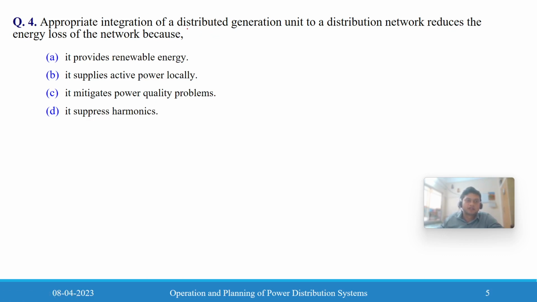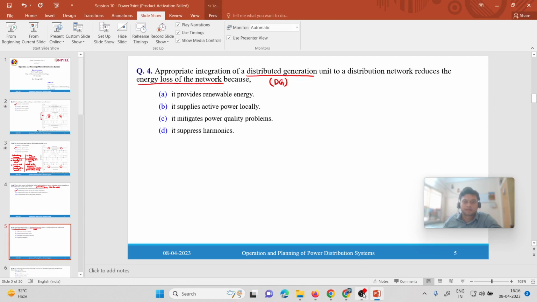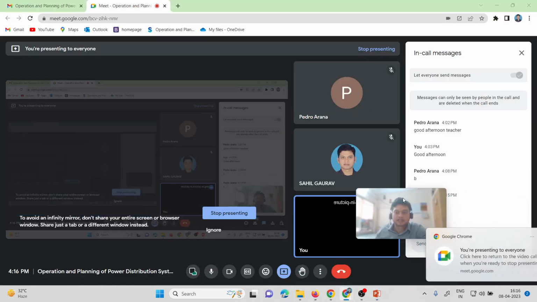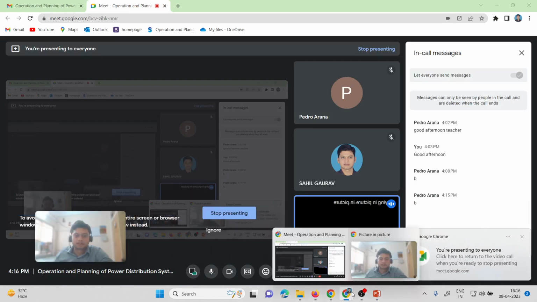So integration of a distributed generation unit to a distribution network reduces the power loss, energy loss of the network because... Yes, B is the correct option.